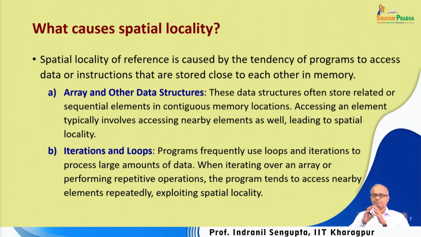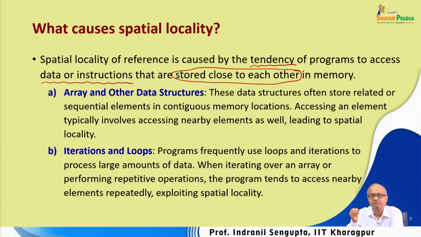Secondly, let us come to spatial locality, which, as I have said, is again a property or tendency of programs where you try to access data or instructions that are stored close to each other. For temporal locality, we are saying that the same location is used multiple times, but here we are saying that nearby locations will be accessed in the near future.